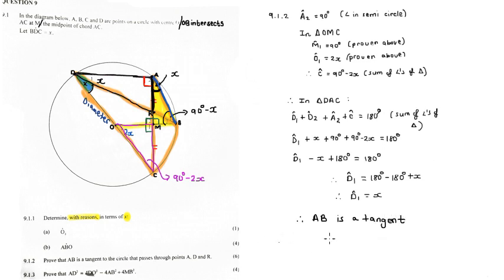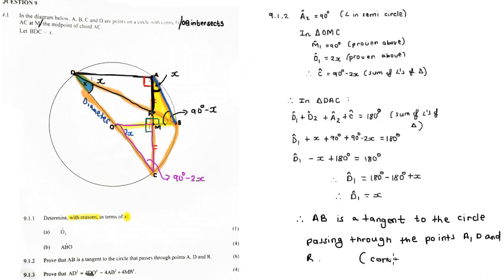I would write it as they gave it: to the circle passing through the points A, D, and R. The reason is the converse tan chord theorem.